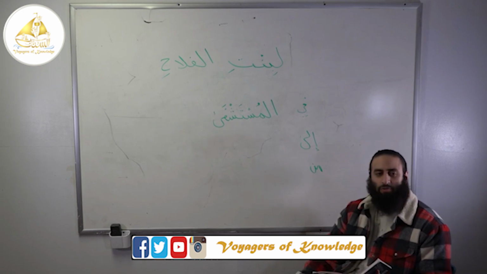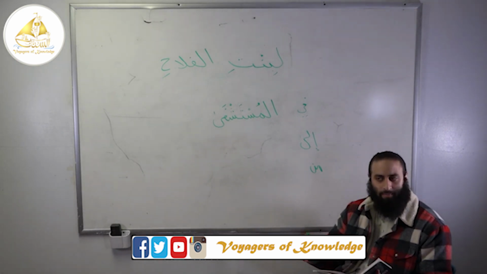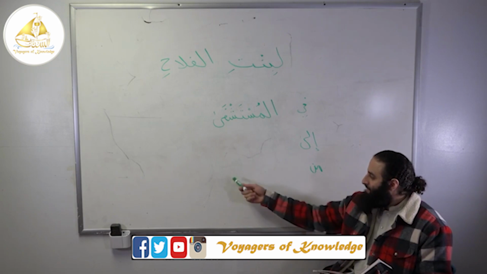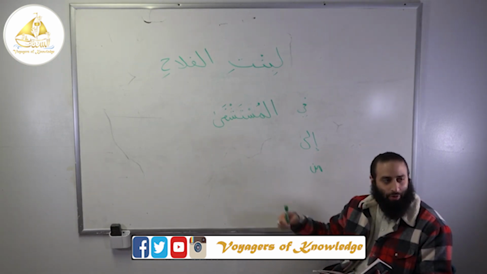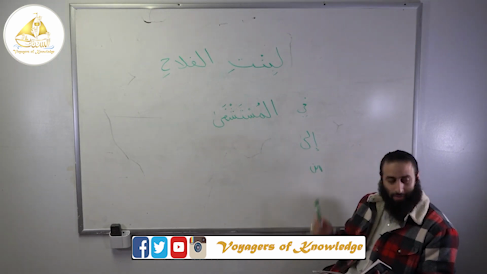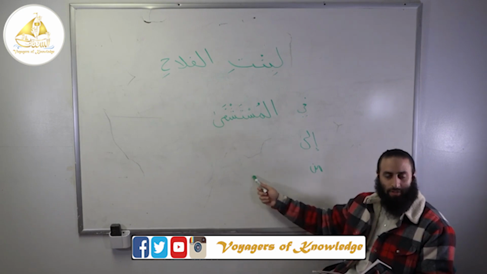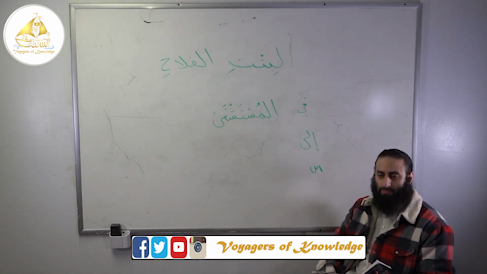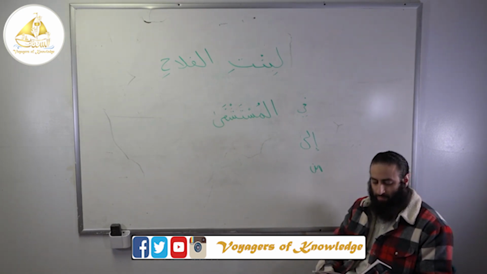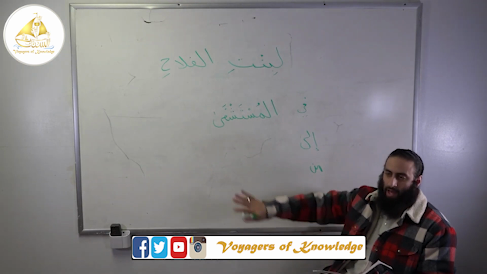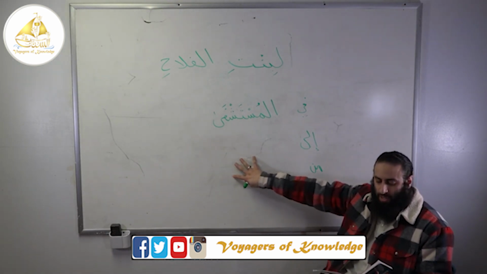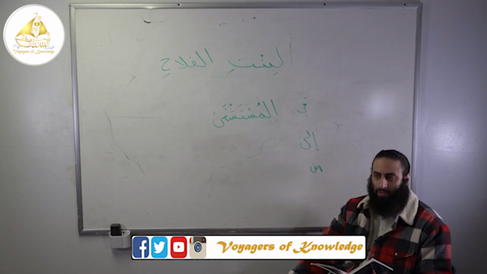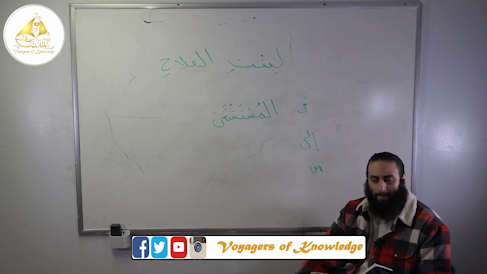Alright. التمرين السادس. The 6th exercise. السبورة. ما هي السبورة؟ أحسنت. هذه سبورة. This whiteboard is called سبورة. Alright. هذه السبورة أمام الطالب. You see that word أمام?